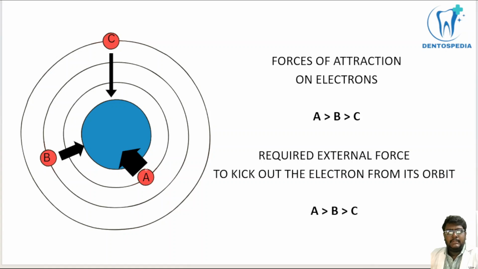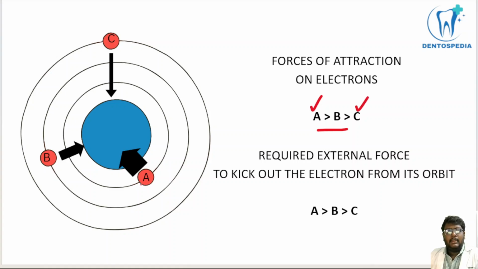In this example, we have three electrons A, B, and C, and when we arrange them in order on the basis of nuclear forces of attraction, it will be A greater than B greater than C. A experiences more force of attraction from the nucleus, and C experiences the least.